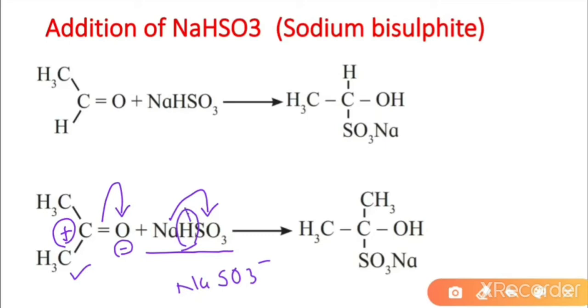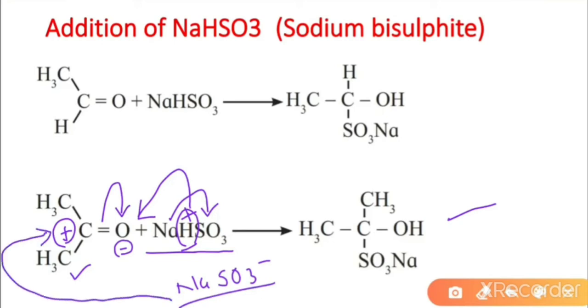H plus is separated, which attacks oxygen, and the NaSO3 minus ion attacks C plus, and the acetone sodium bisulfite addition product is obtained.